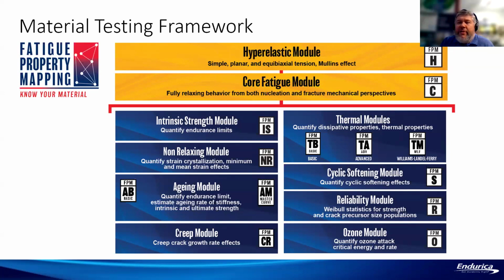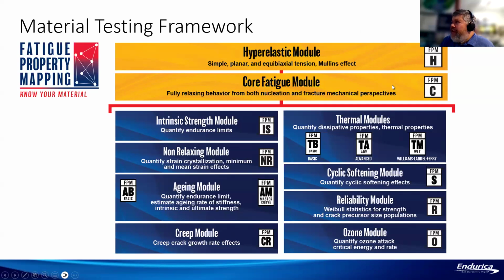And for each of those material models, there's a corresponding experiment where you can calibrate the material parameters. So we have a testing service. We call it fatigue property mapping. You can send us samples of your material. We'll test it, and we'll get you the parameters that you can plug into our code to set up all of these different physical effects and represent those.